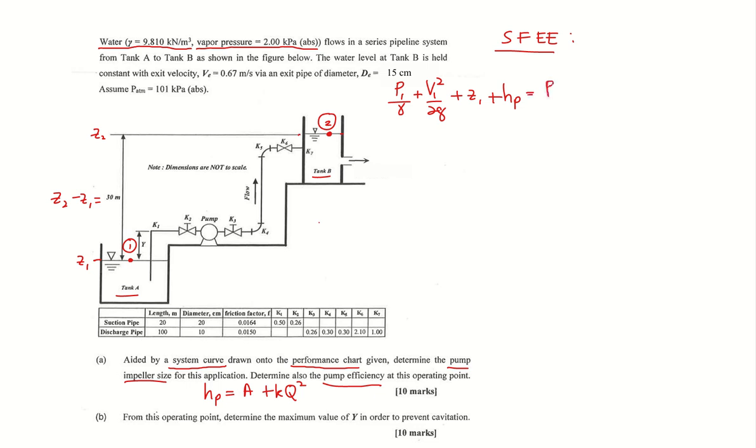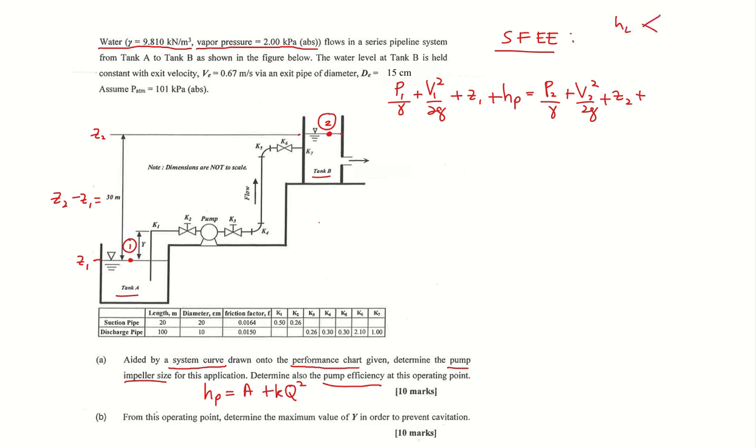It's equal to P2 divided by gamma, which is the pressure head at point 2, velocity head at point 2, and elevation head at point 2 plus HL. So HL is basically the head losses in the system.